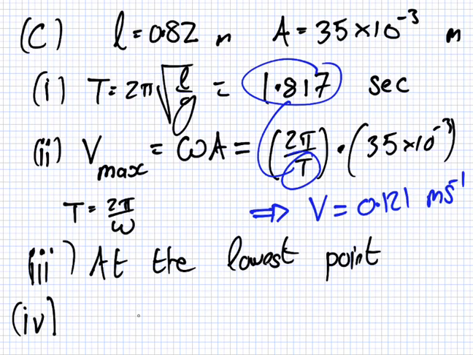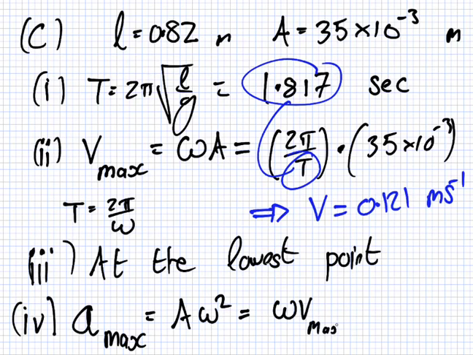What is the maximum acceleration? Who remembers that formula? I think it's just A omega squared. Yeah. If you actually look at it, that's the same thing as omega v, isn't it? Because what's A omega? It's v. So I'm just taking a little bit of a shortcut.